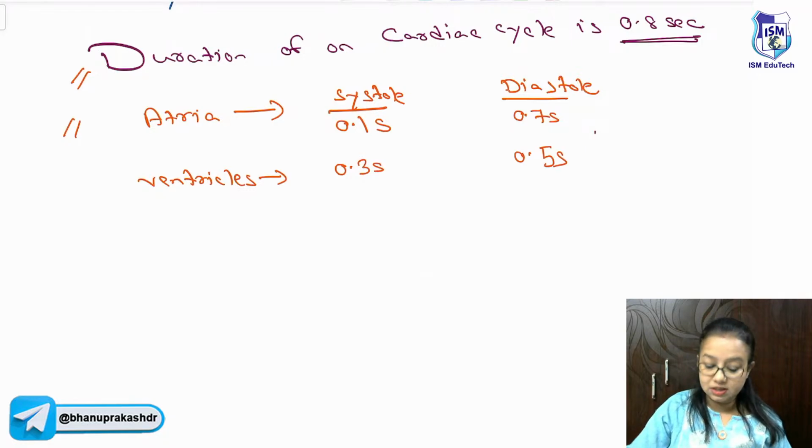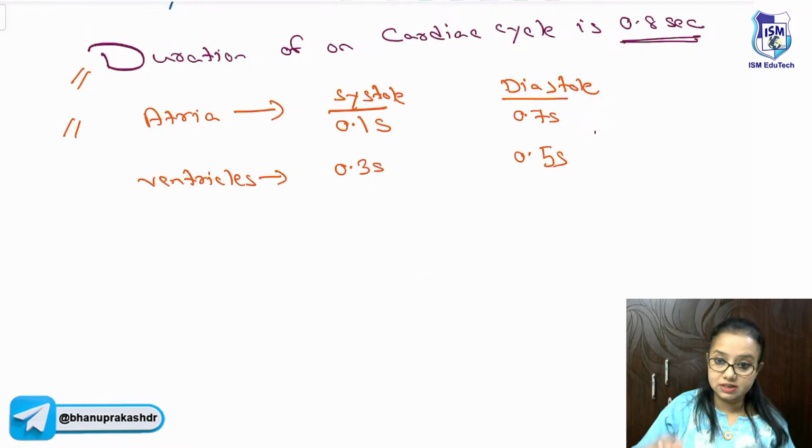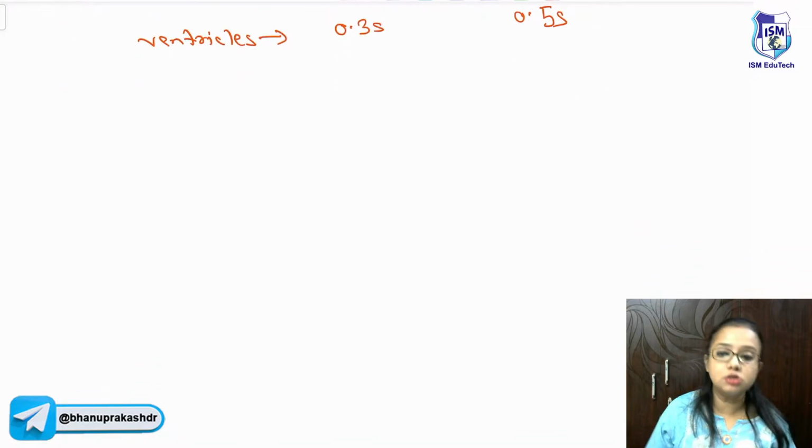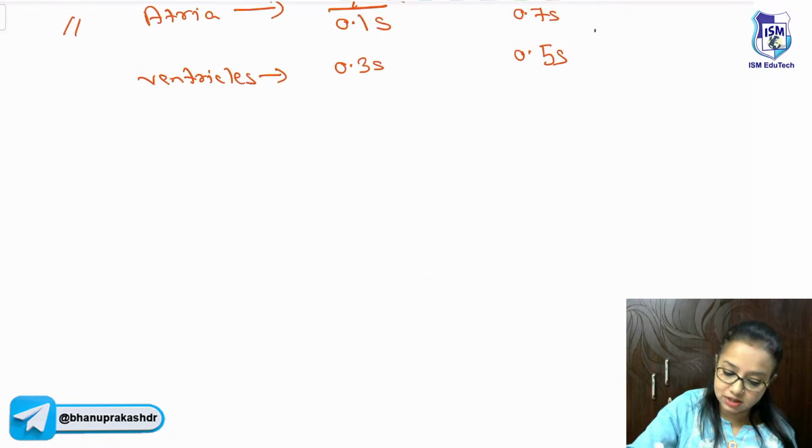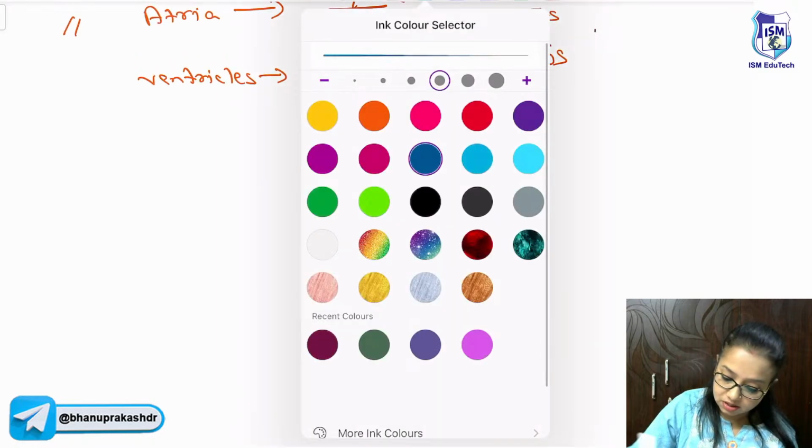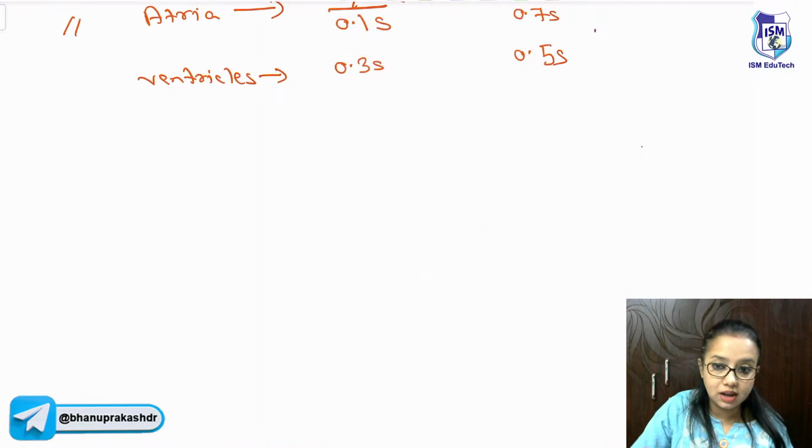Okay, this is the duration that the atria and ventricles spend in the contraction and relaxation phase. Now, coming to the events. What are the events? And how long does each event take to make up that 0.8 second.